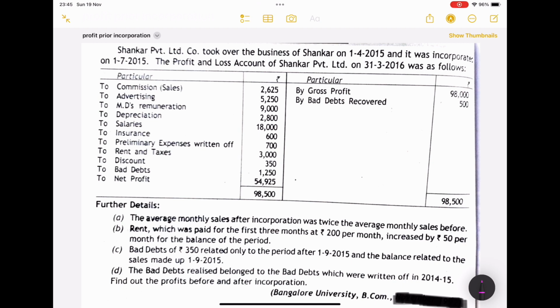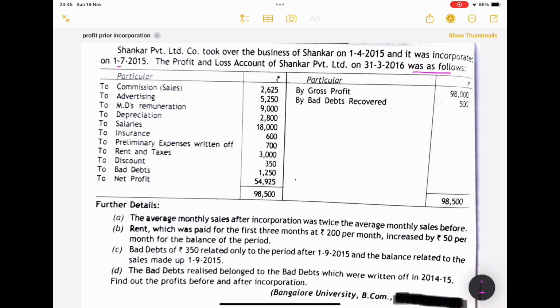The question is: Shankar Private Limited Company took over the business of Shankar on 4th April 2015. It was incorporated on 1st July 2015. The profit and loss account of Shankar Private Limited as on 31st March 2016 was as follows.